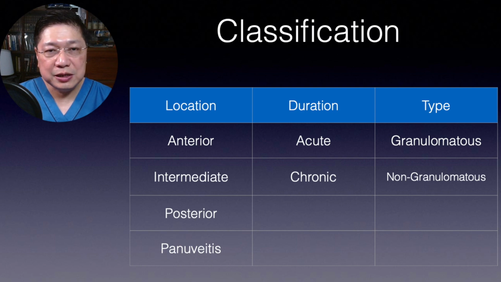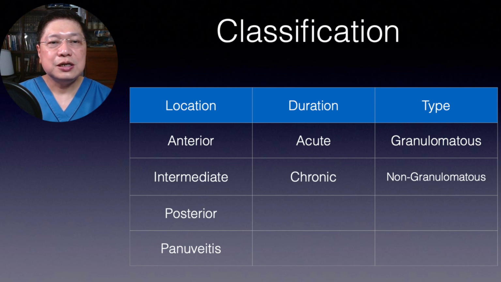It could be in the intermediate part or in the retina or the posterior part, or it could be panuveitis, meaning all. So in duration, it could be acute, it could be chronic, and of the type, it could be granulomatous, it could be non-granulomatous. So you have a lot of different classifications, all intended to guide you in how to treat these types of patients.